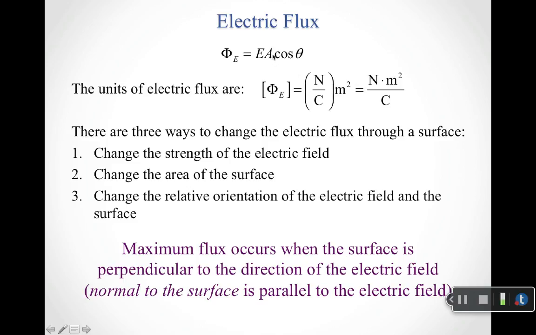That's a situation where the electric field and the surface are basically running parallel to each other. So we just have to keep in mind what this cosine theta cares about: the angle between the electric field vector and the area vector, and that area vector is perpendicular to our surface.